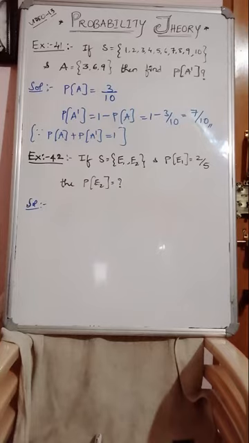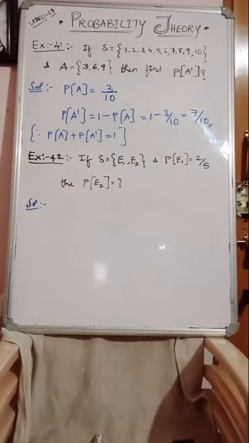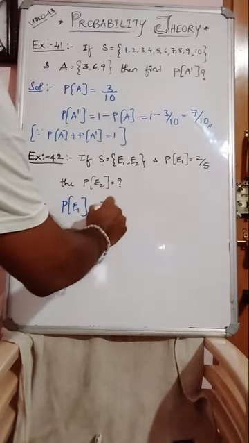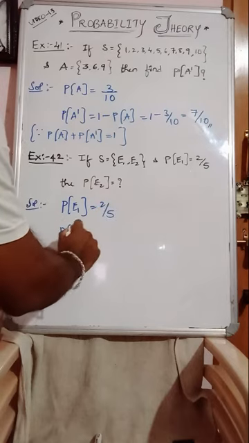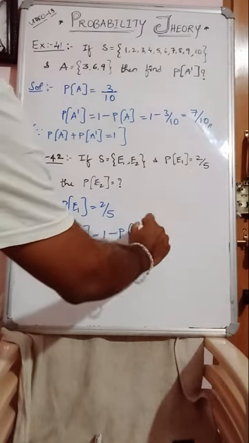This is the question. Now look at the same kind. S equals 2 possible cases are given, E1 and E2. Then probability of E1 becomes 2 by 5. Then what about probability of E2? As you all know, E1 and E2 are complementary events. Since P of E1 plus P of E2 equals 1, and P of E1 is given 2 by 5, then P of E2 becomes 1 minus P of E1.